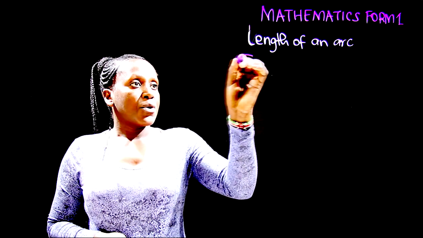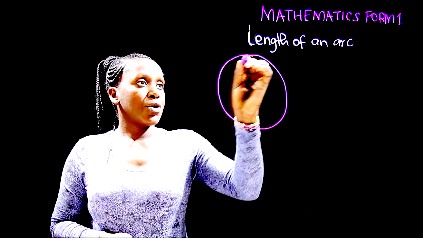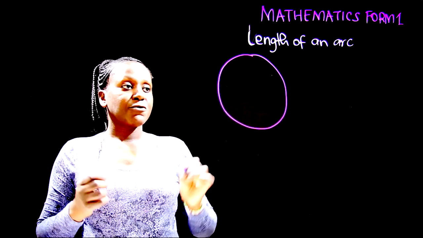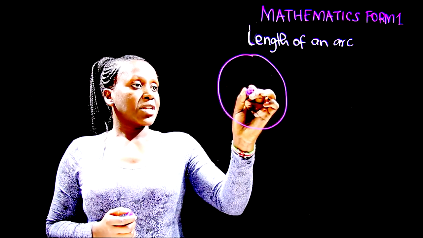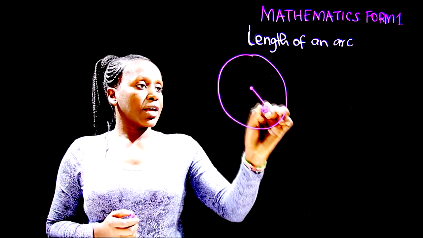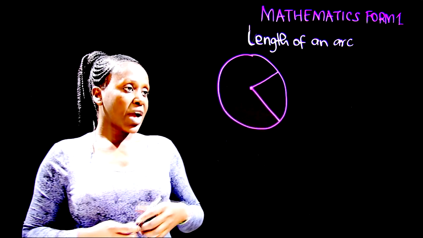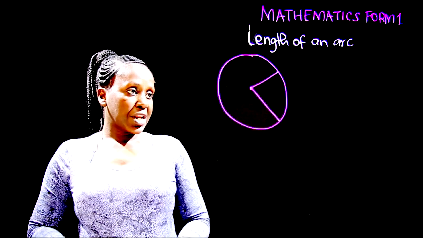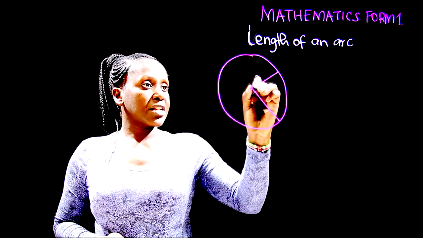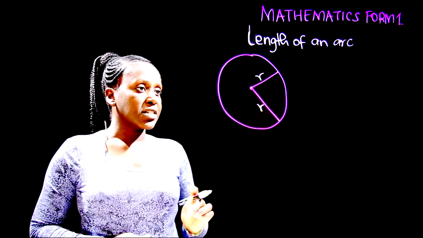So, from a circle, if this is a circle, and then you have two radii from the center of the circle, like this and that. So you can see that the two radii, so this is a radius and this one is also a radius.